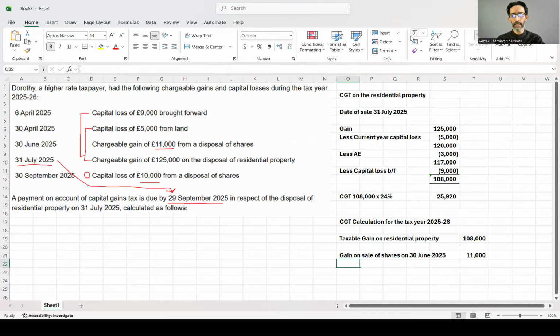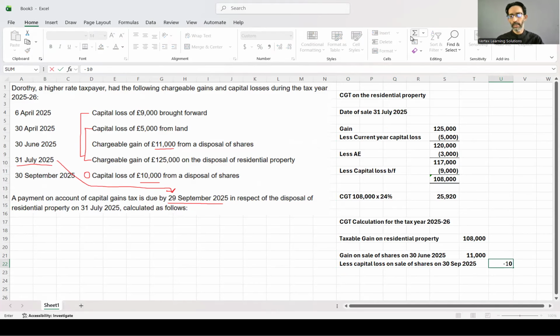From this, we can deduct the capital loss on sale of shares on 30th of September 2025. That is 10,000. Okay, so we can have this net gain, which is 1,000.